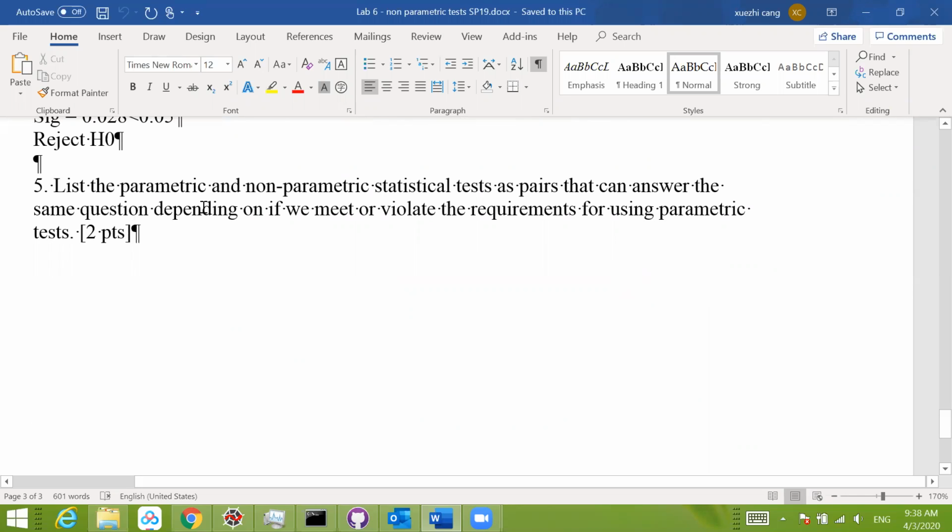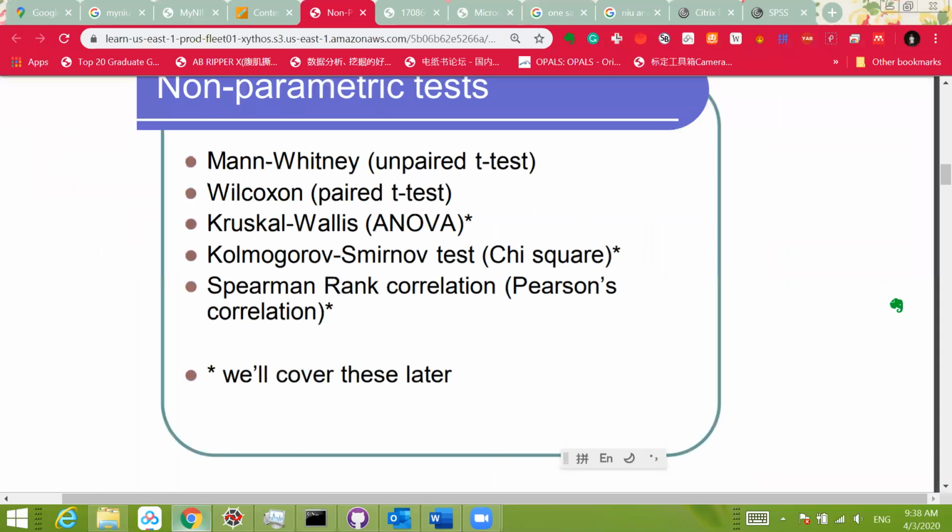the question is asking us to list the parametric and non-parametric statistical tests as pairs that can answer the same question. So the methods we learned are the Mann-Whitney test and the Wilcoxon test.